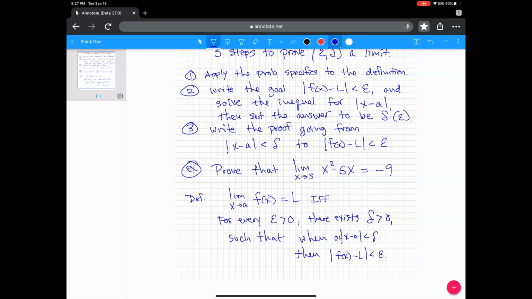So that's the formal definition. So we have to use that and meet that definition to prove that the limit as x tends to 3 of x squared minus 6x is negative 9.